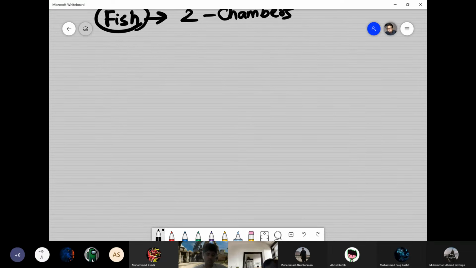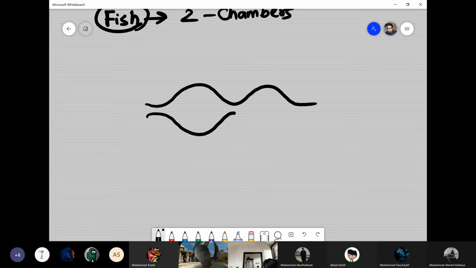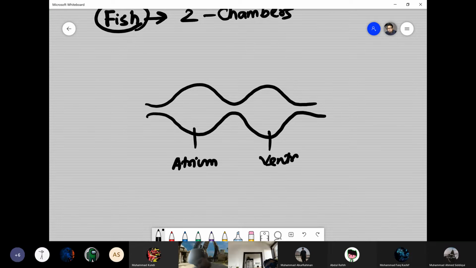Now, boys, look here. This is a fish heart. This is the atrium, and this is the ventricle. So there is one atrium and one ventricle. This blood vessel over here is called the aorta, and this blood vessel over here is called the vena cava.